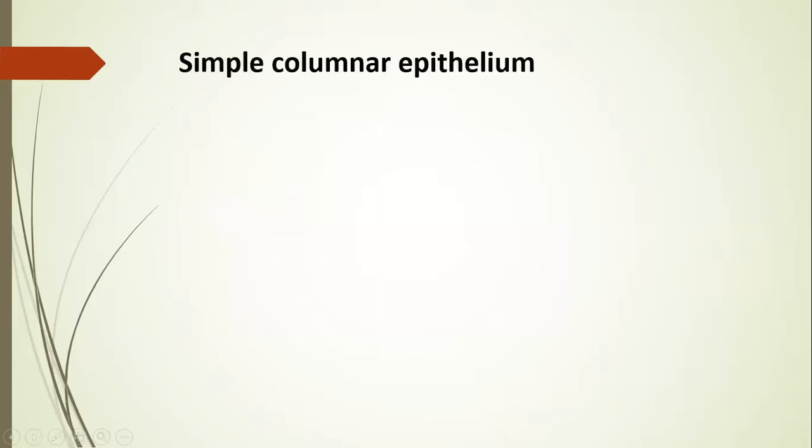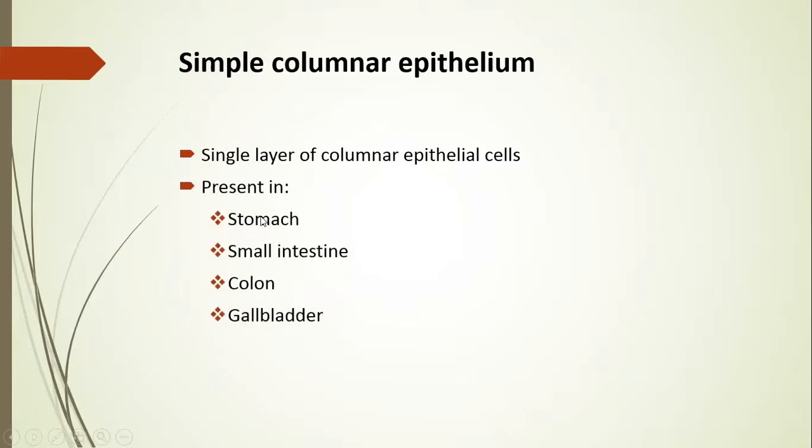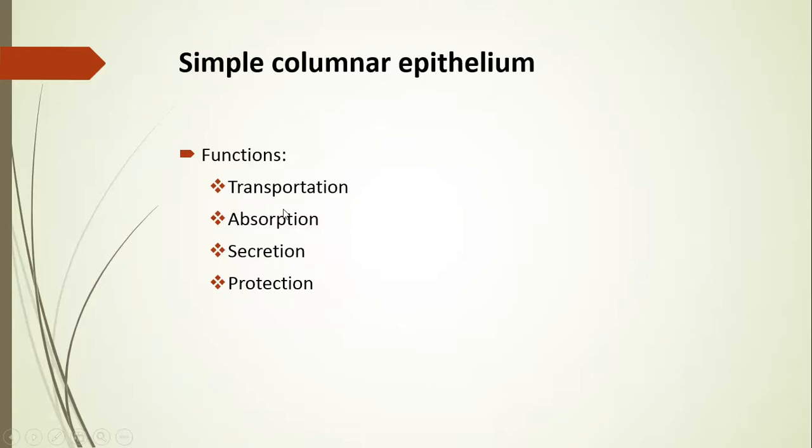The simple columnar epithelium consists of a single layer of columnar epithelial cells. It's present in the stomach, small intestine, colon, and gallbladder. Its functions are transportation of substances and molecules, absorption, secretion, and protection.